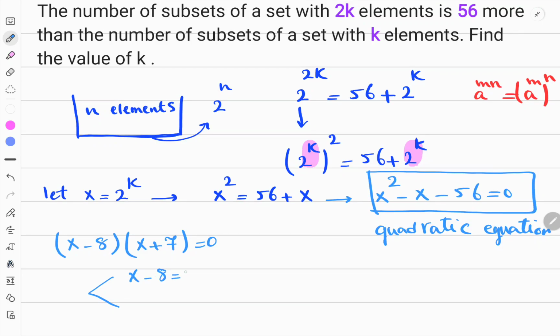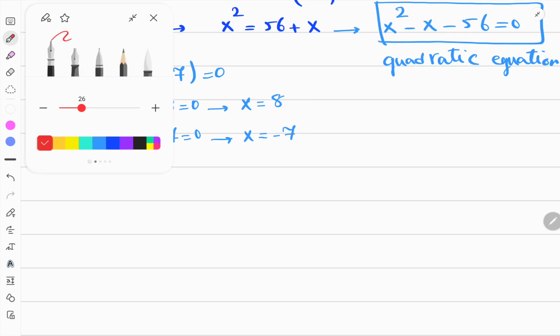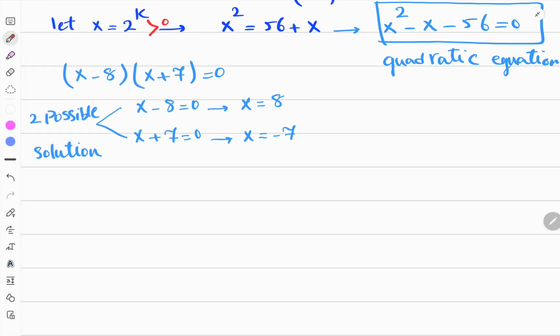So we have two possible solutions: x minus 8 equals 0, or x plus 7 equals 0. So x is 8 and here x is negative 7. These are two possible solutions. But we know that x, which is 2 to the power of k, is a positive number, so negative 7 is not accepted, it is undefined, and x equals 8.